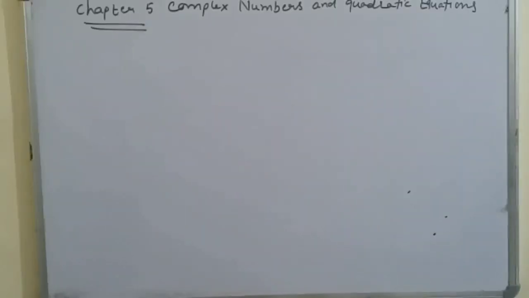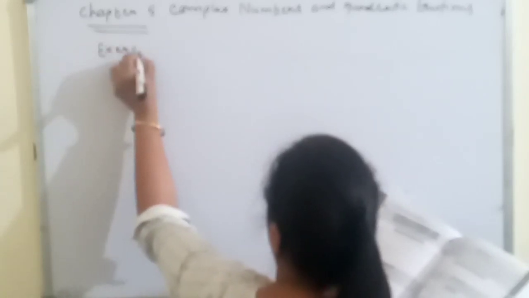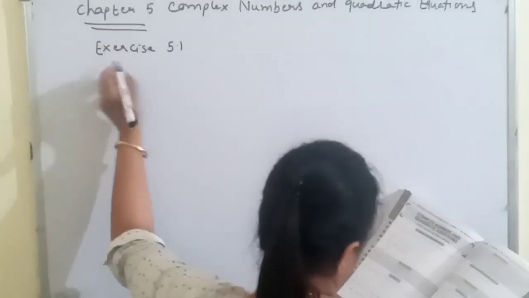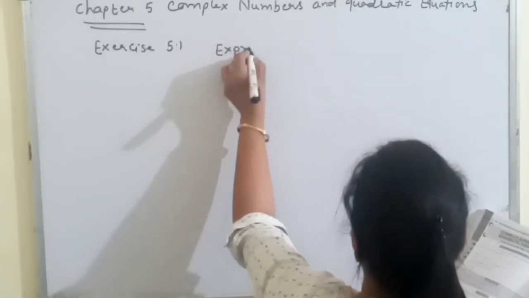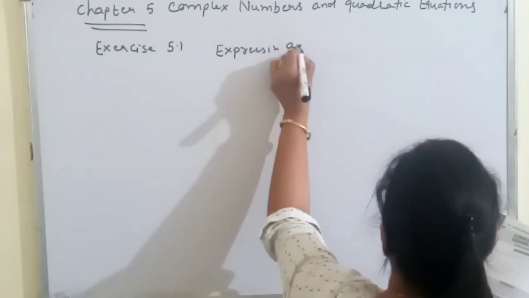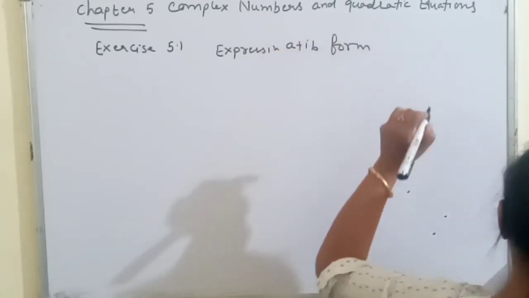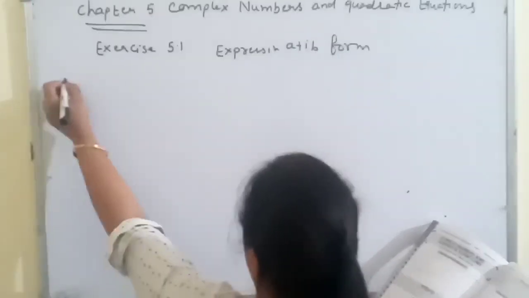First question in exercise 5.1. Express the questions in a plus iota b form. It means we have to express the given number into the complex form.